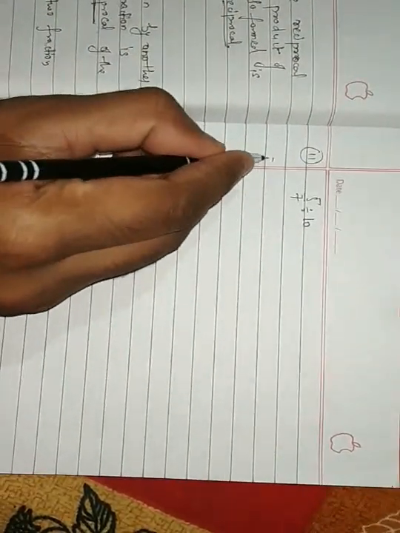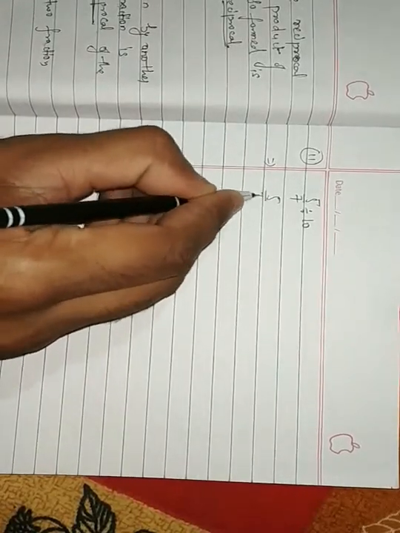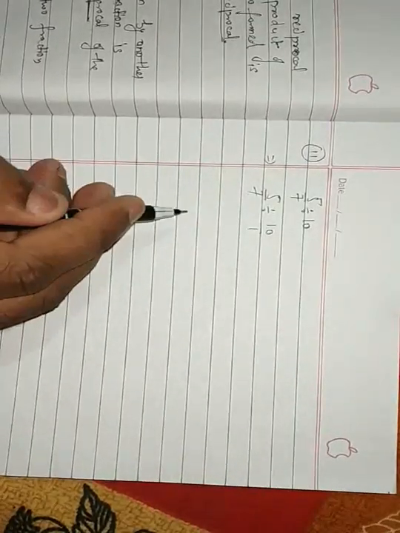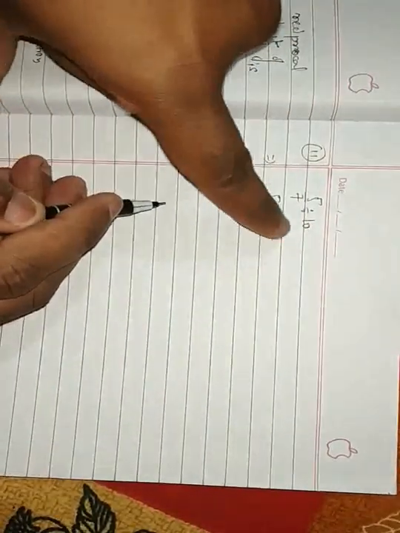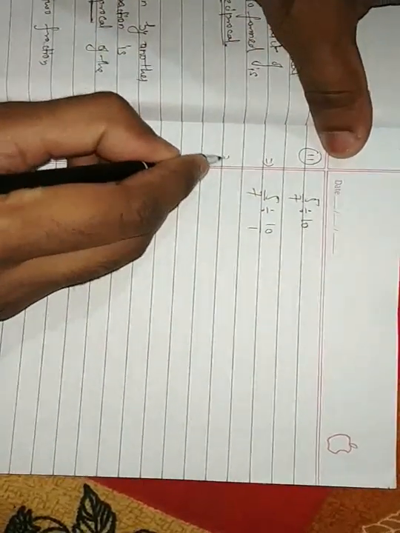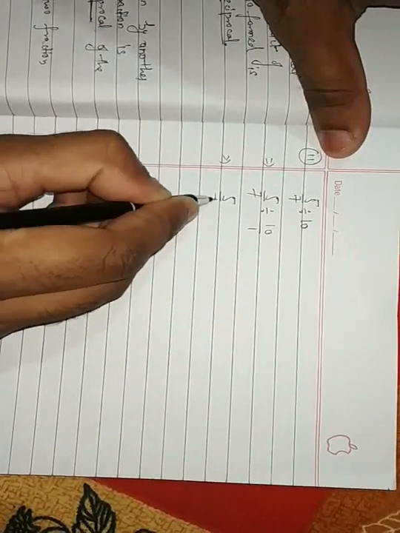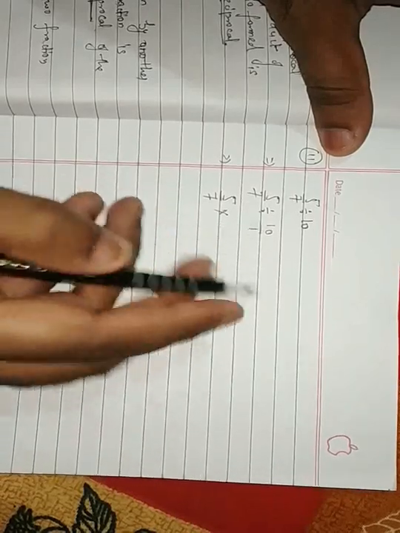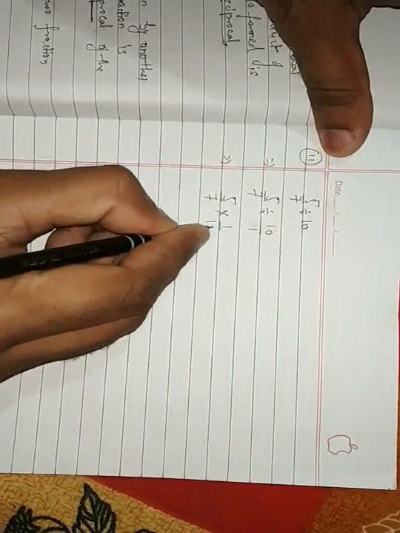We can write 10 as 10 upon 1, because 10 does not have any number in the denominator, so we write it as 1. Now we take 5 by 7. Divide will change into multiply, and what is the reciprocal of 10 by 1? It is 1 by 10.